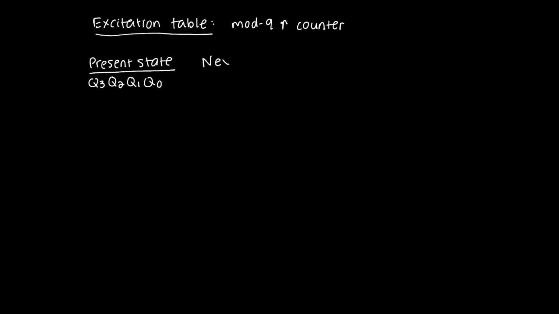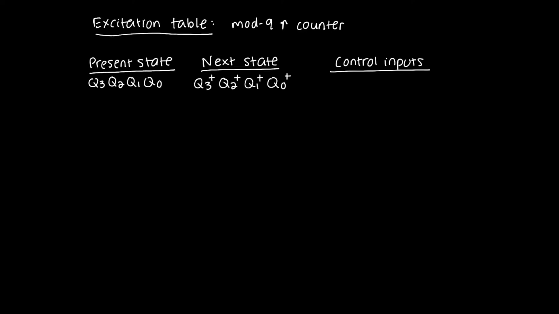And then I have next state over here. And the next state, I also have Q3, Q2, Q1, Q0, but because they're the next state, I'm going to indicate that with this superscript, this plus sign. And now when I do control inputs, this is dependent on the type of flip-flop I use.